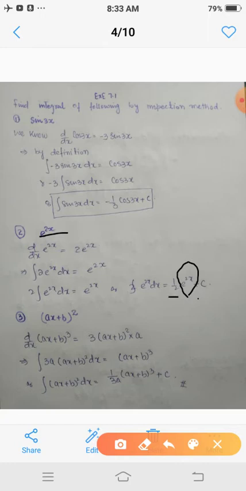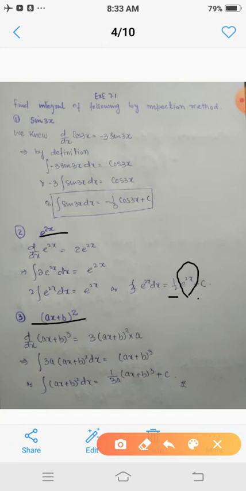Like in this function, which is of the form x raised to power n, the integration of x raised to power n is x raised to power n plus 1 upon n plus 1. So when we treat (ax plus b) whole square as this function, its integration is x cube upon 3, that is (ax plus b) whole cube upon 3.